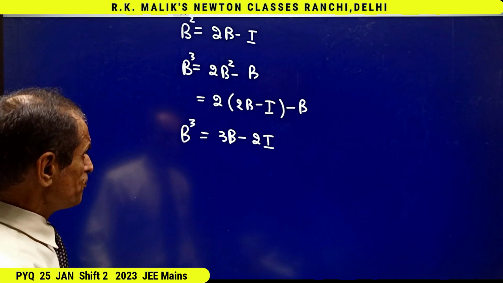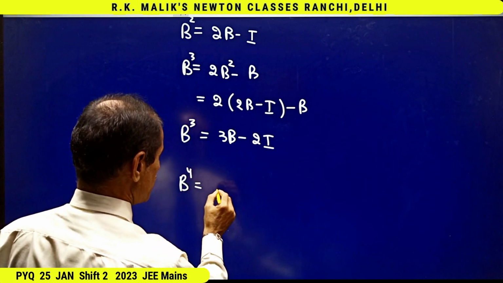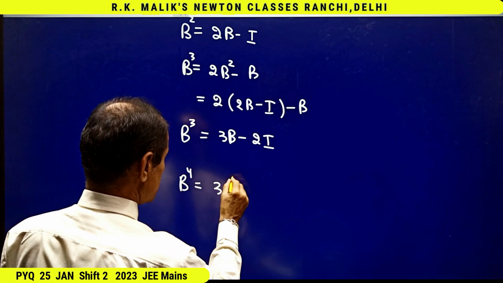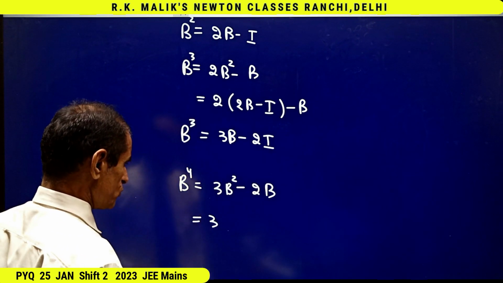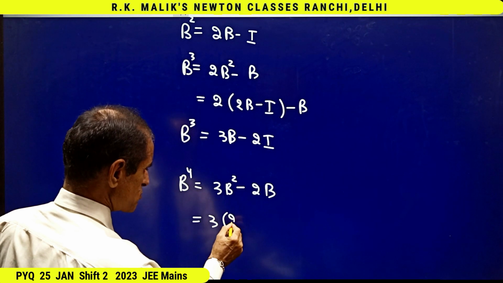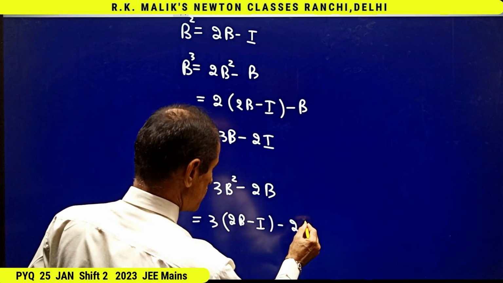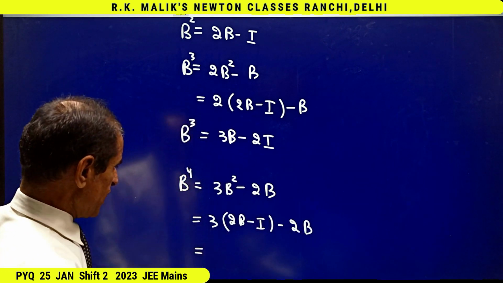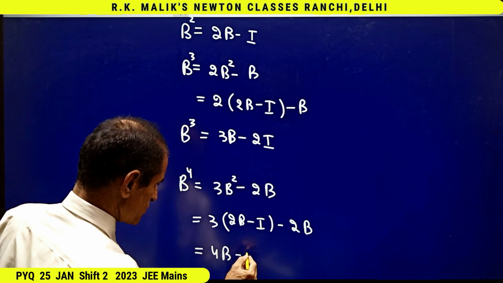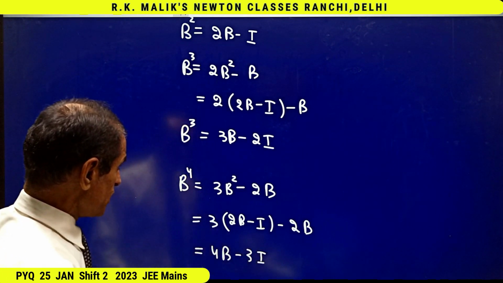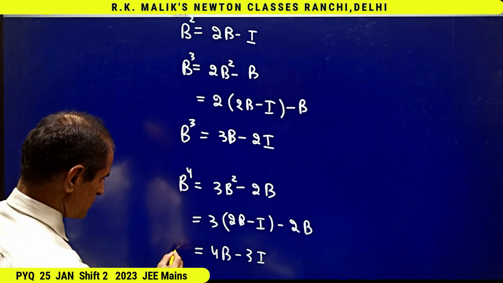Similarly, if I want to find B to the power 4, I again multiply by B. I get 3B square minus 2B. That is, 3 into B square, which is 2B minus I, minus 2B. That is again, you get 4B minus 3I.